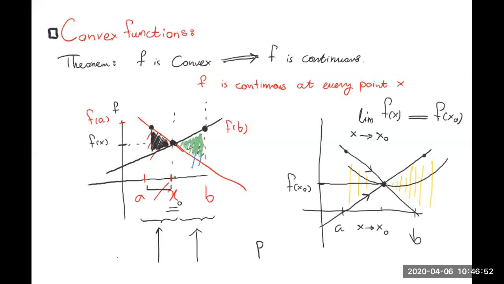When f is between these two lines, say L1 and L2, say here this is L2, this is L1, and both of these lines are converging to f of x naught when x goes to x naught, then since f is between them, f also has to converge to f of x naught, and that by definition means it is continuous.